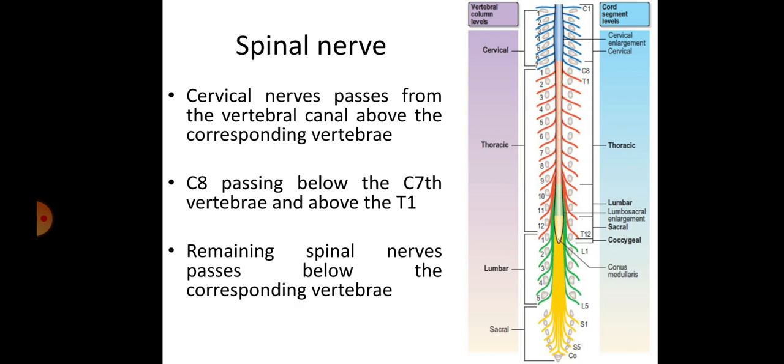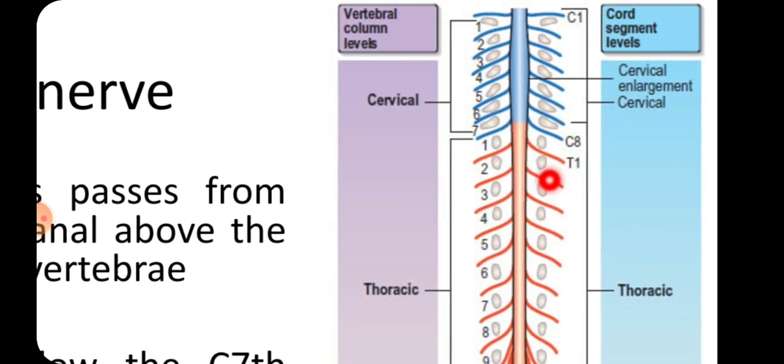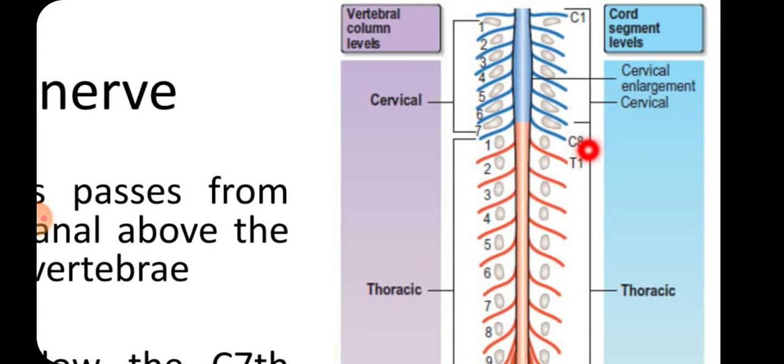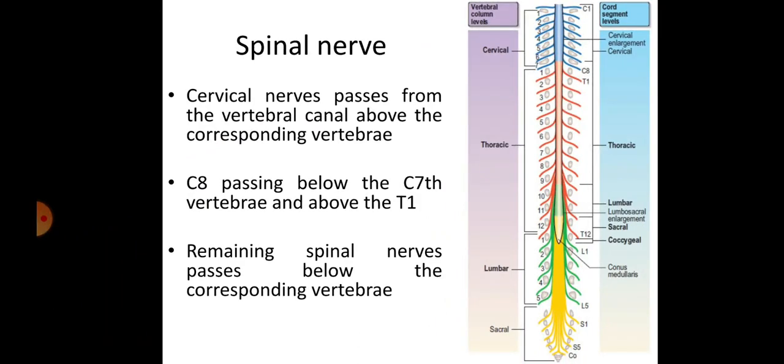And C8 passes below the C7 vertebra and above the T1 vertebra. See here, the C8 nerve is passing below C7 and above the T1 vertebra here.